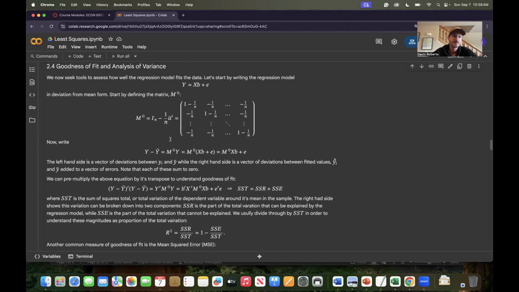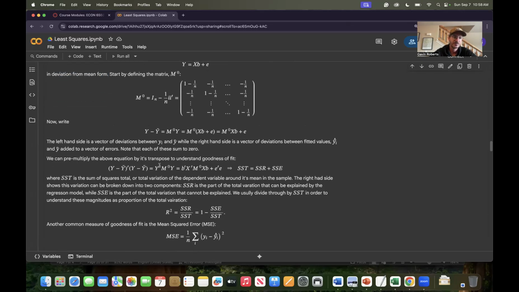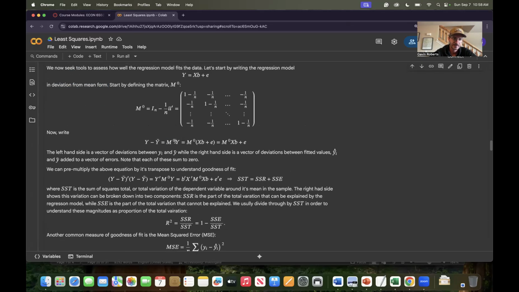So our vector of dependent variables is in deviation from mean form. That's what will happen if we pre-multiply any vector by this useful matrix. Now we can expand y to be the fitted values plus the residuals.